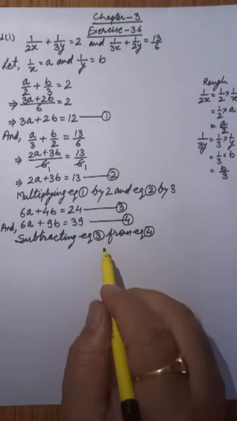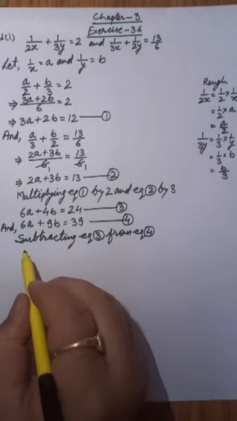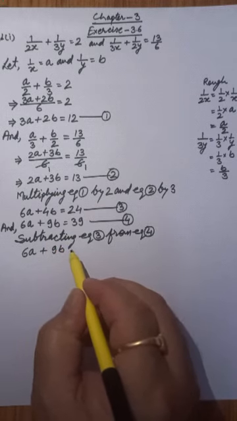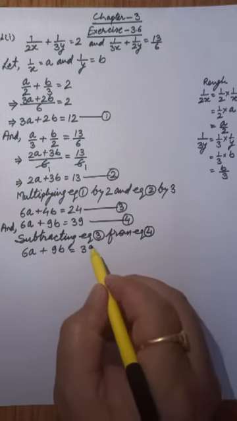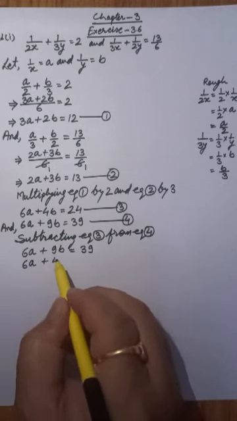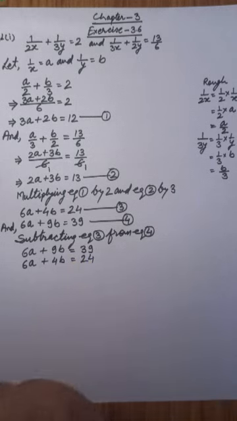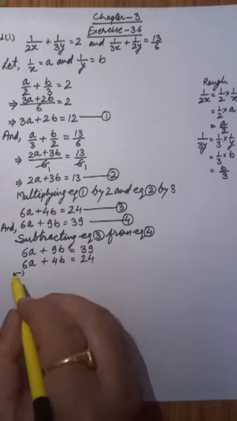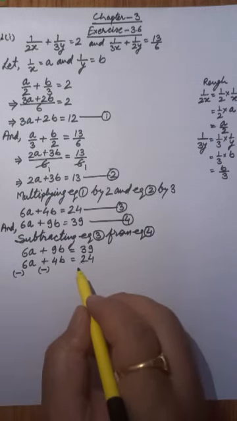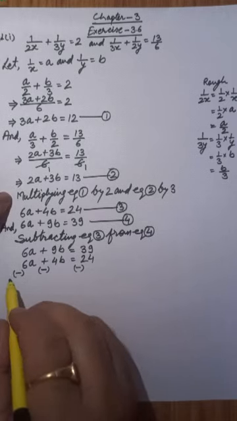When we subtract, the number which comes after "from" must be written first. So write equation 4 first and under it equation 3. Since we are subtracting, we need to change the signs: plus changes to minus, again plus to minus, and the third sign also changes to minus.